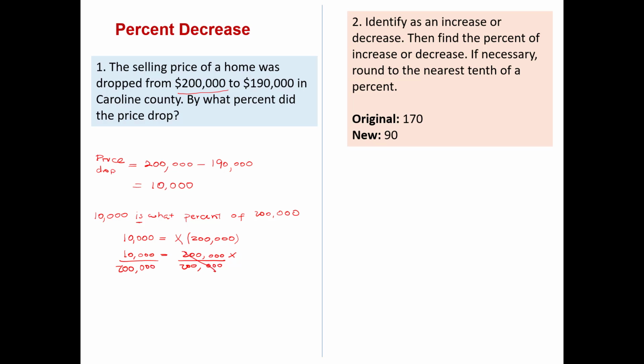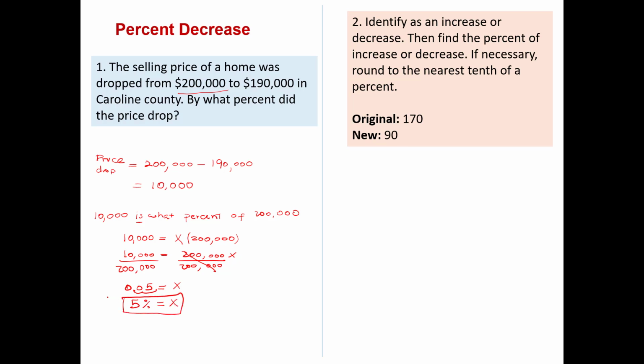If we divide these two numbers, you will get 0.05 equals x. That corresponds to 5%. Yes, we move the decimal point 1, 2, then it's 5% equals x.